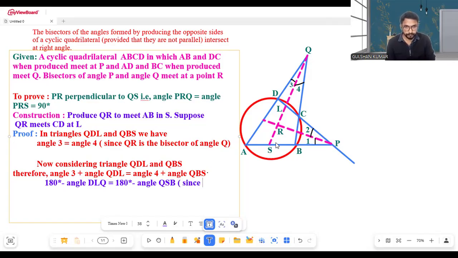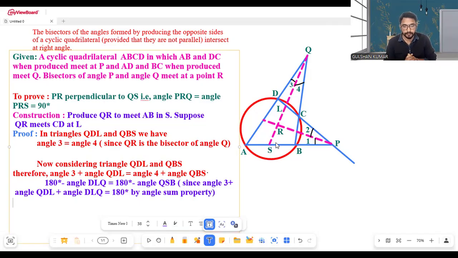Since angle 3 plus angle QDL plus angle DLQ equals 180 degrees by the angle sum property. See, clear it is?